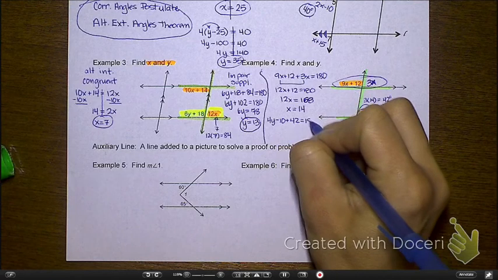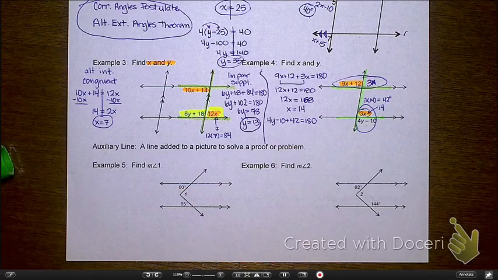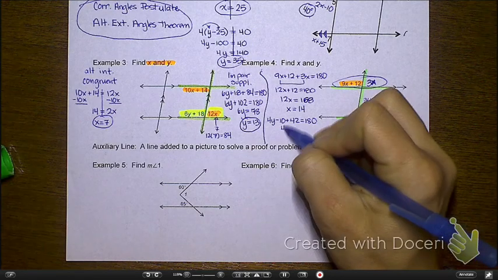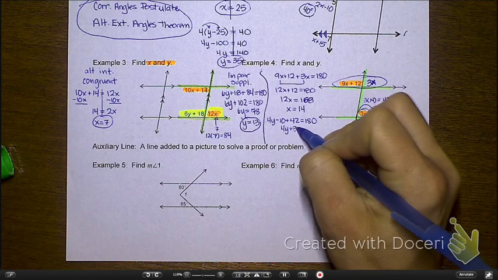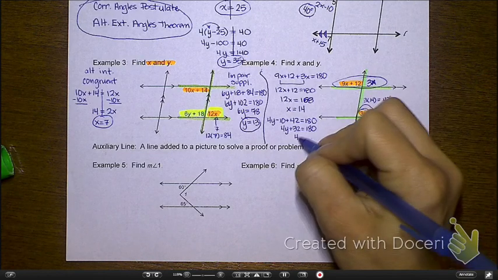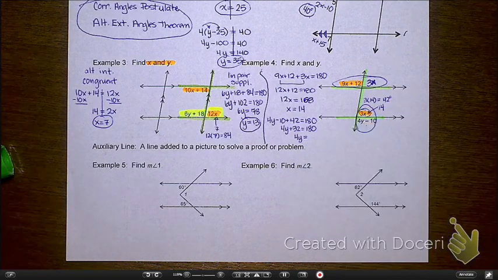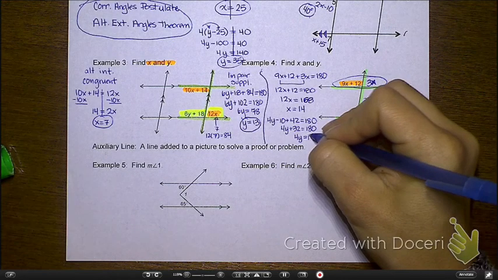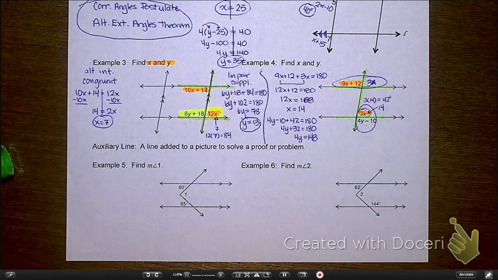Does that make sense how we got that part? Now we're going to go ahead and solve this. How many times does 4y go into 148?